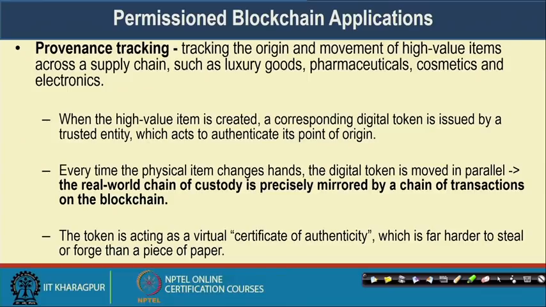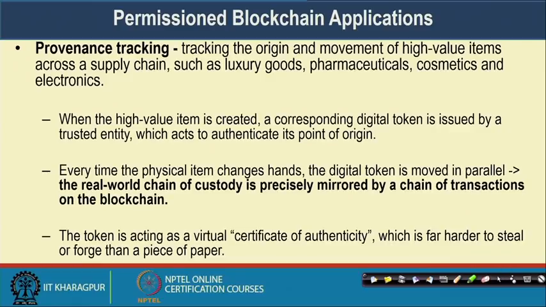So, you are trying to track the origin and the movement of such high valued items in a supply chain, like say luxury goods, pharmaceuticals, cosmetics, electronics, and so on. Now, how can you realize that in the blockchain? When a high value item is created, a corresponding digital token can be issued by a trusted entity, because here we are considering a closed environment.